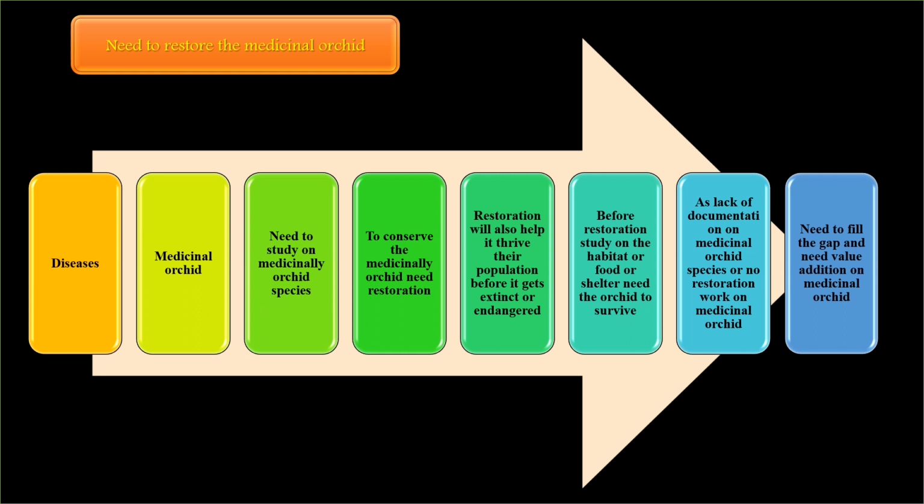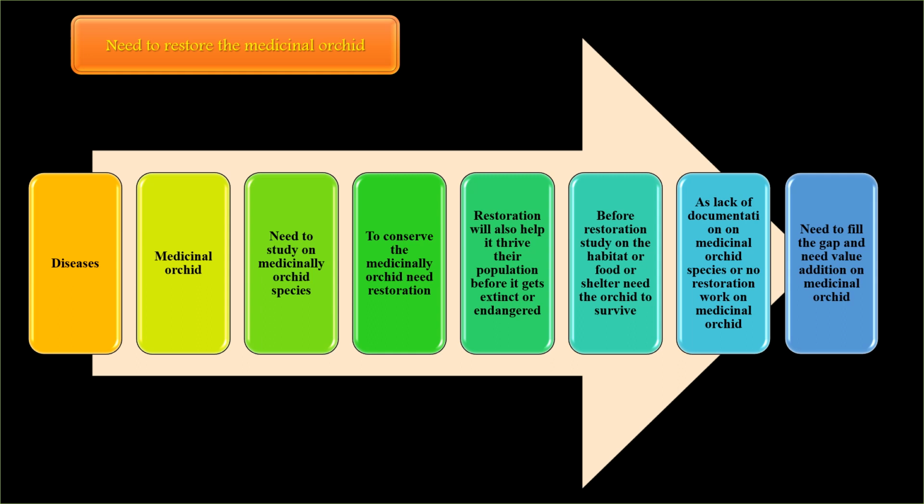Then to conserve medicinal orchids we need the restoration process, because of habitat loss and land clearing for urbanization and many other reasons, some medicinal orchids are becoming threatened and critically endangered. So we need to conserve them by restoration.